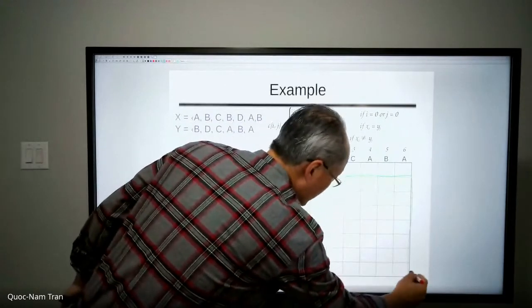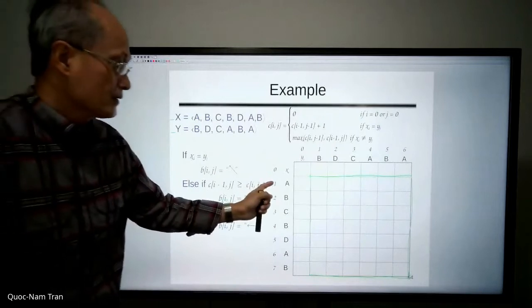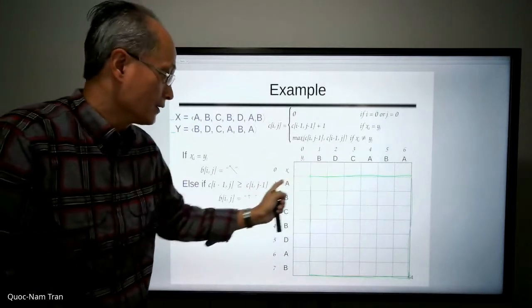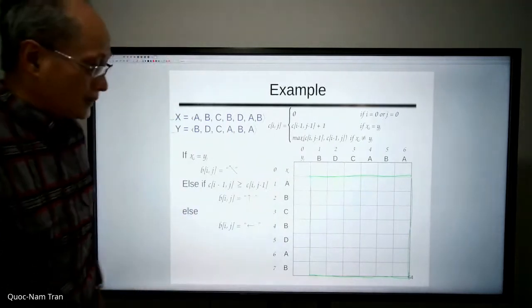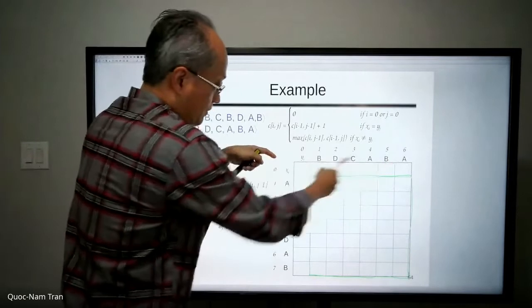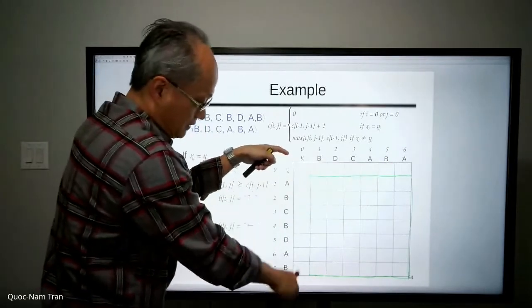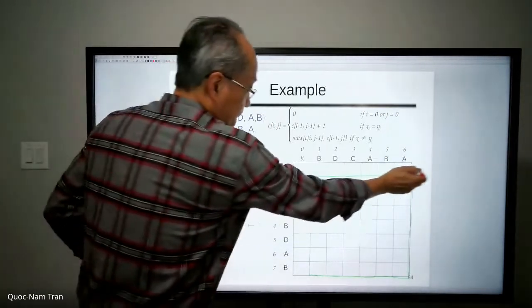Here is what we have for Cij: C11, C12, C13, etc. But we need to have two extra rows and columns here.